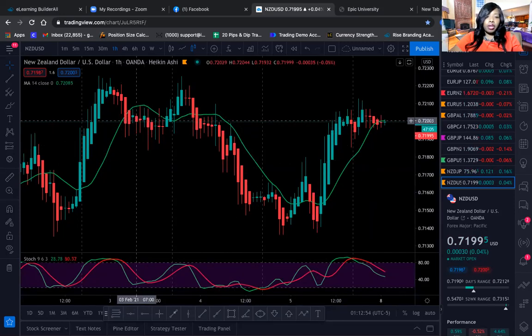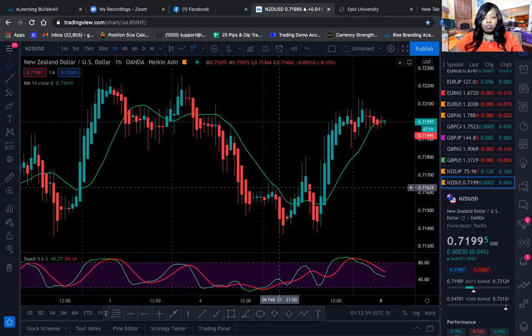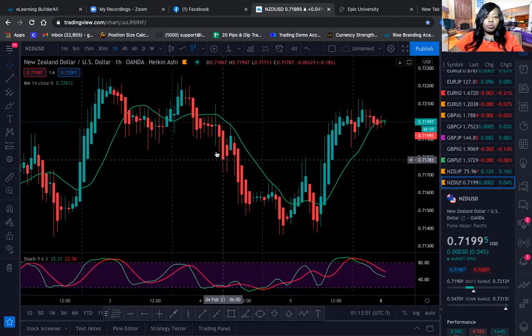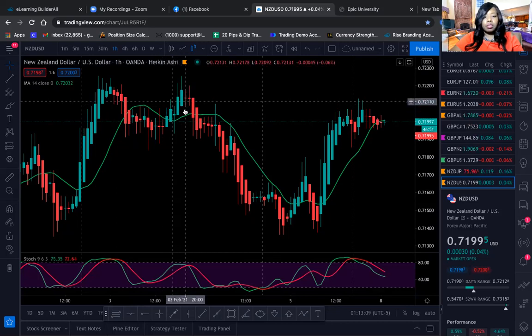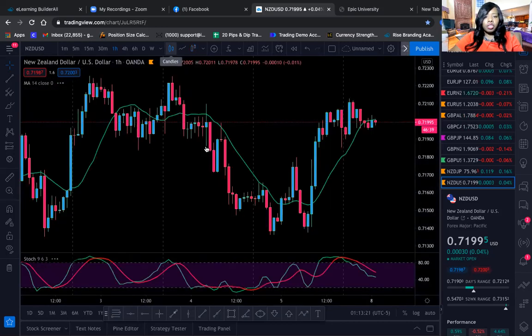Actually, these are the Heikin-Ashi candlesticks. These candlesticks are similar to the Japanese candlesticks, and these are what we look at and analyze. These sticks hold data, and that data is going to tell you what you need to know about that trade.